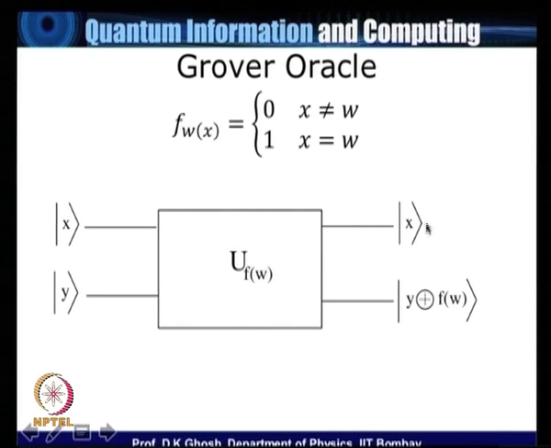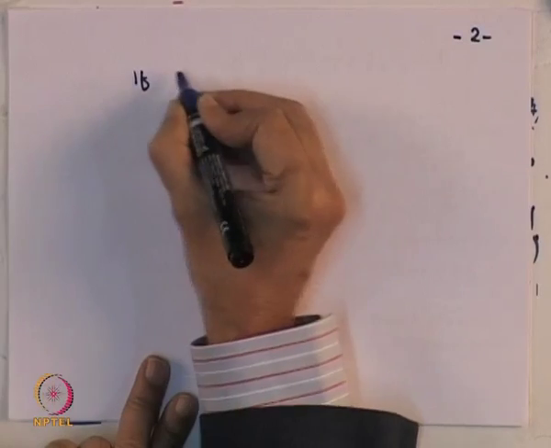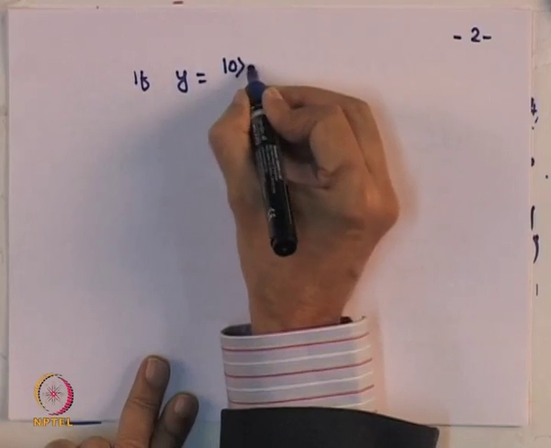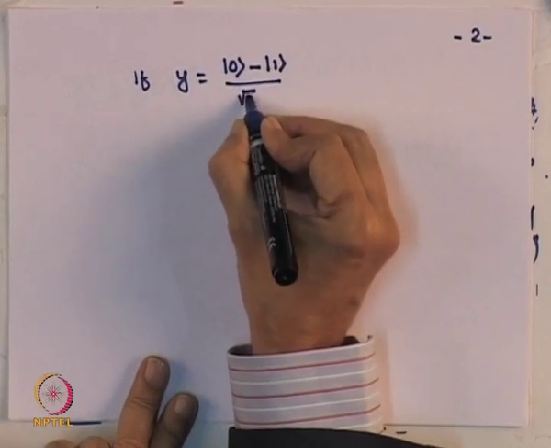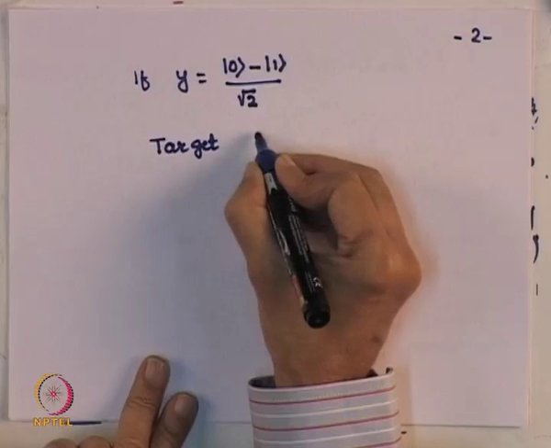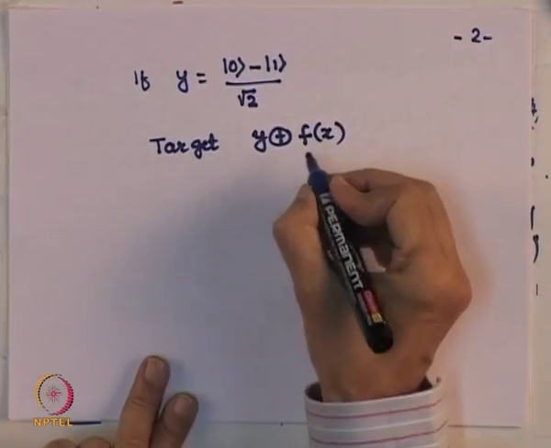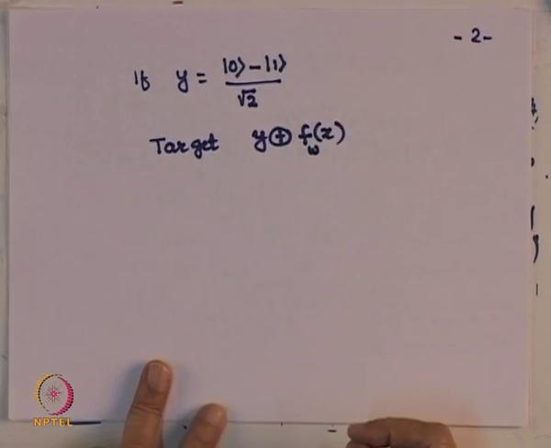The input remains unchanged, but the target will now store y added modulo 2 with this function that we have calculated. Now, suppose my y is put to be equal to (0 minus 1) by root 2. Remember, my target is y plus f w of x, let me call it f w of x, just to keep on reminding ourselves that there is a special w there.